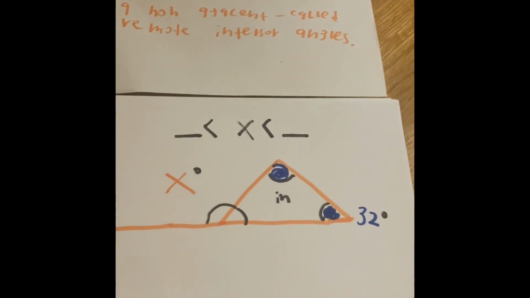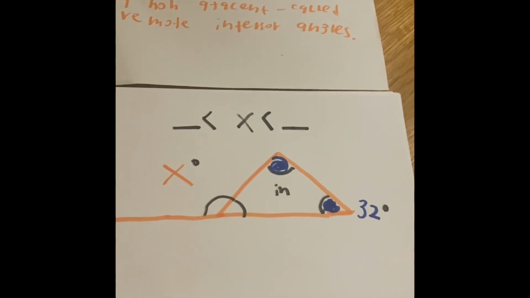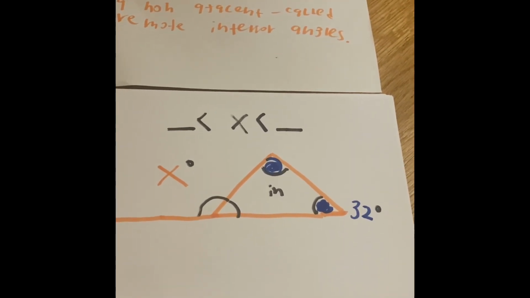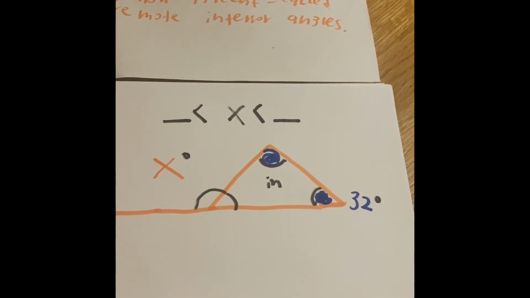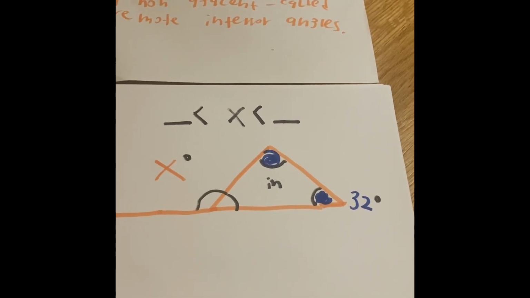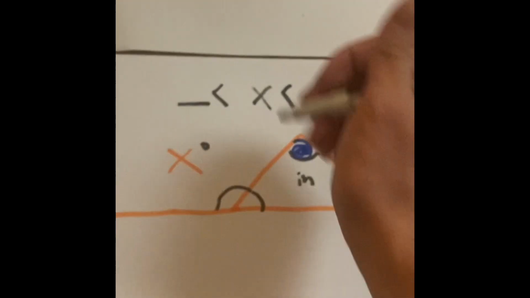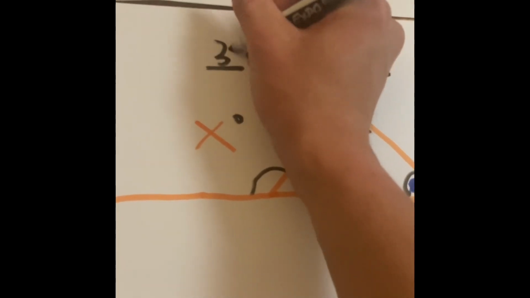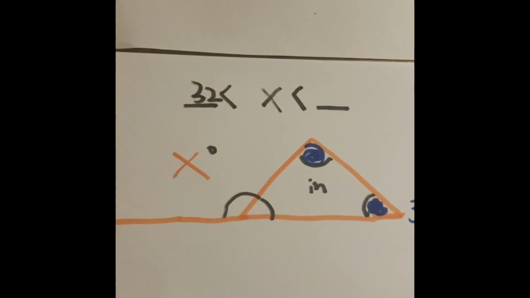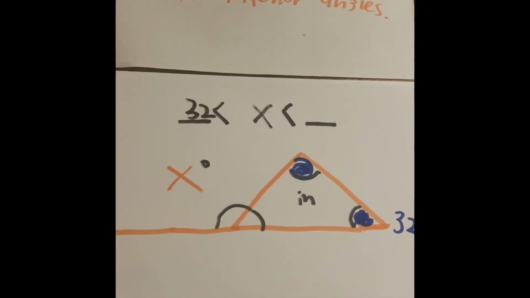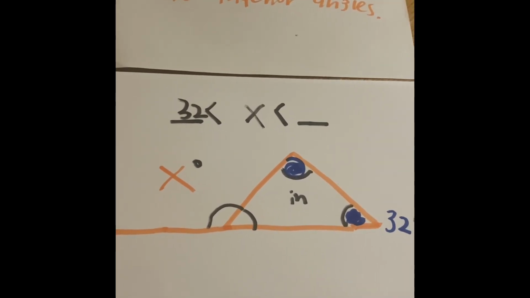It already says that the exterior angle has to be a greater measurement than the non-adjacent interior angles. So we're going to say that 32 goes on the left. So X has to be greater than 32 degrees.